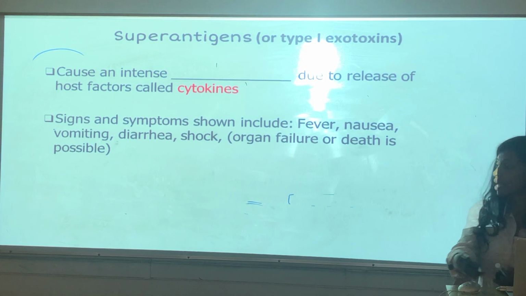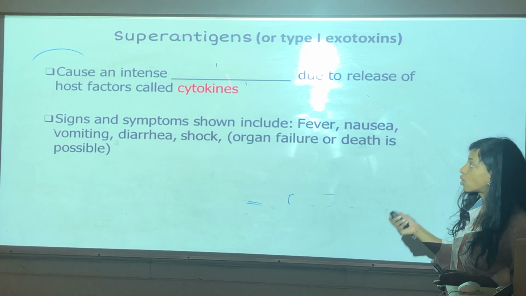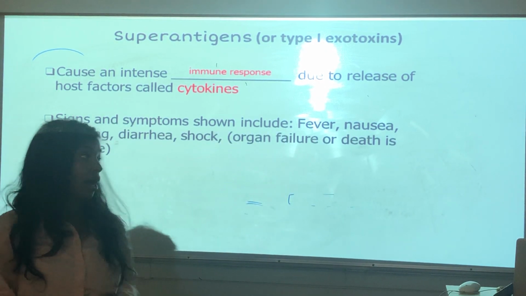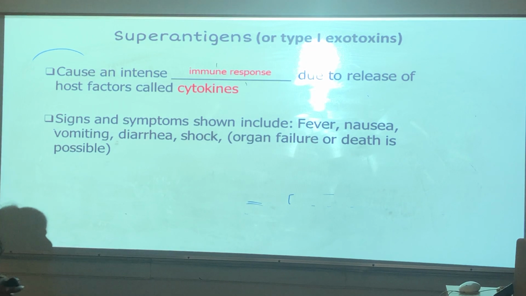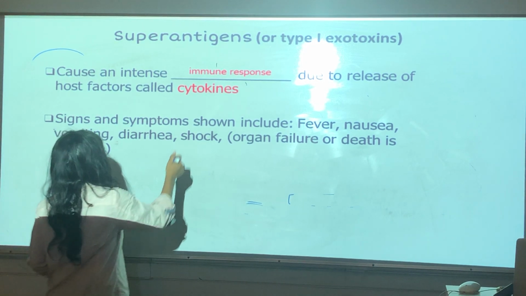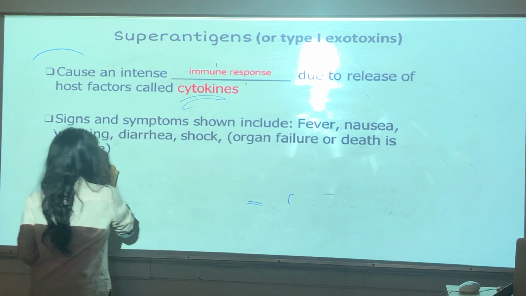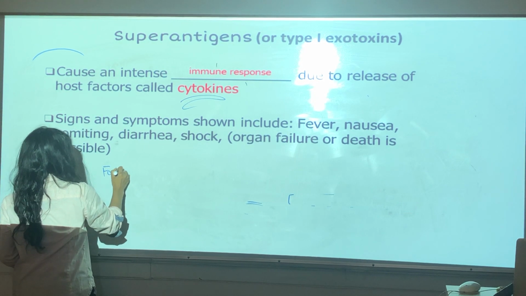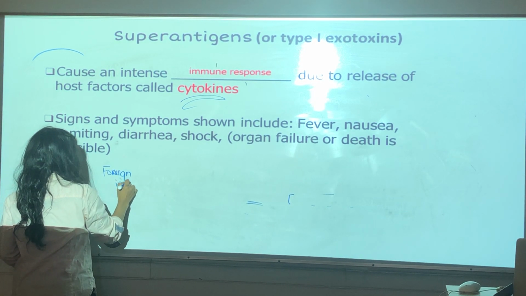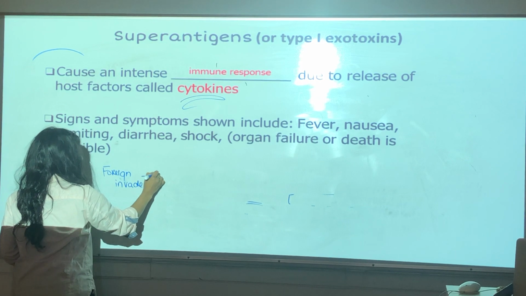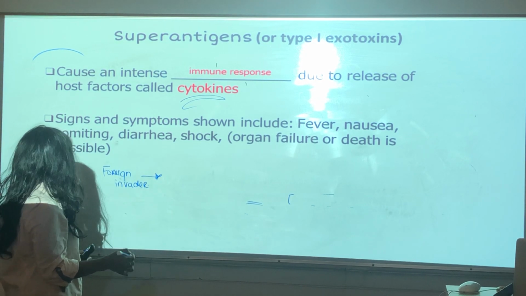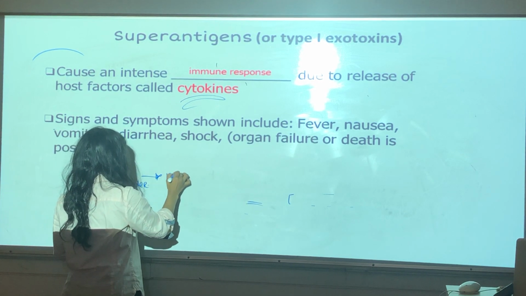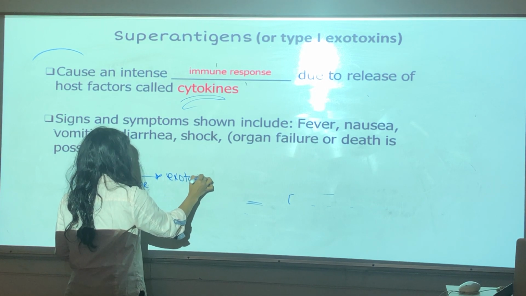So there are different types of exotoxins. Our first exotoxin we call the superantigen, and the superantigen causes an intense immune response. This immune response is due to the release of cytokines. So the microorganism comes in, and the foreign invader will cause damage by releasing exotoxin 1, which is a superantigen.